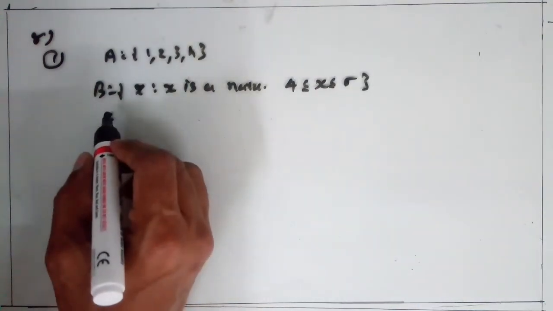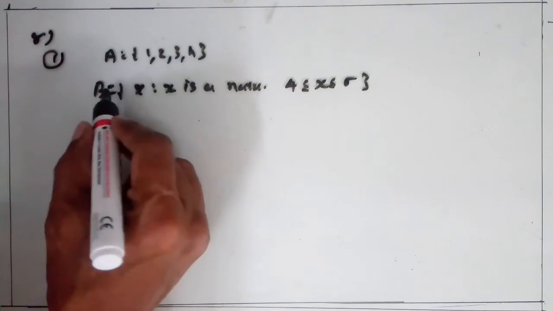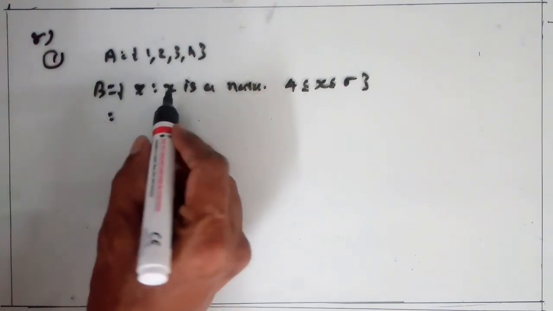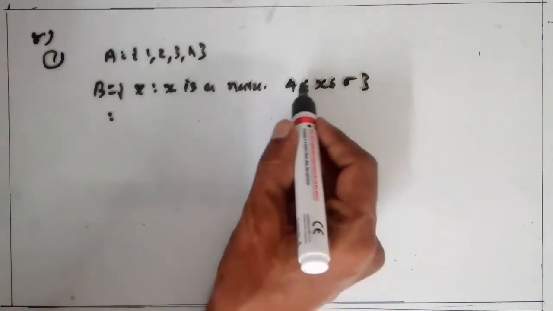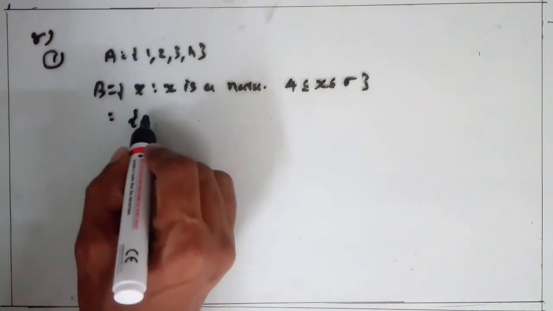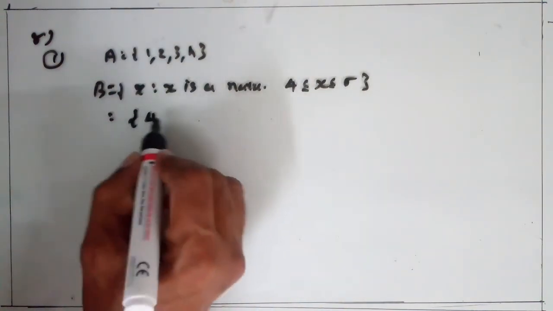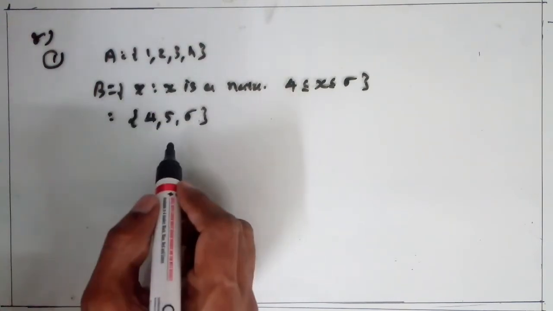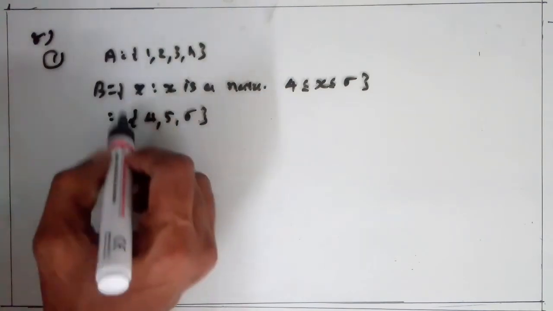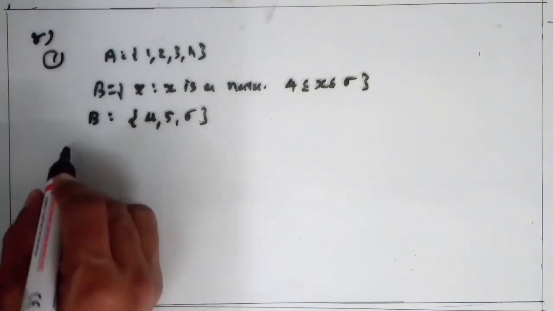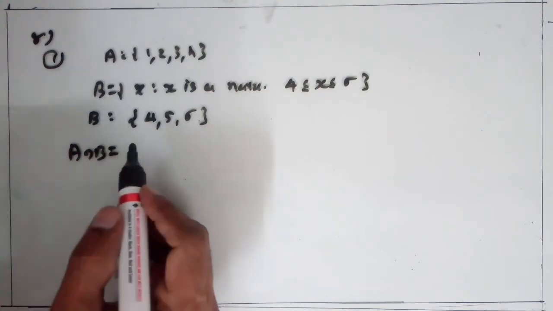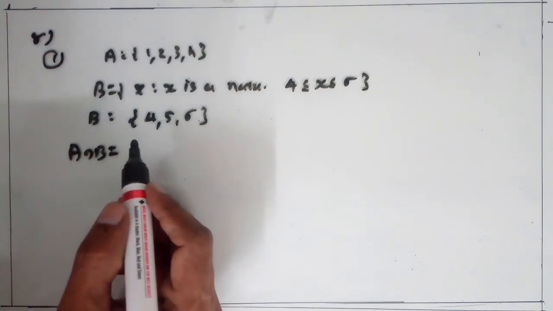So find the elements of B. x is a natural number, lies between 4 and 6, also containing 4 and 6, so 4, 5 and 6. Now what do you say about the intersection of these two sets A and B? A intersection B is equal to, can you find a common element of both?